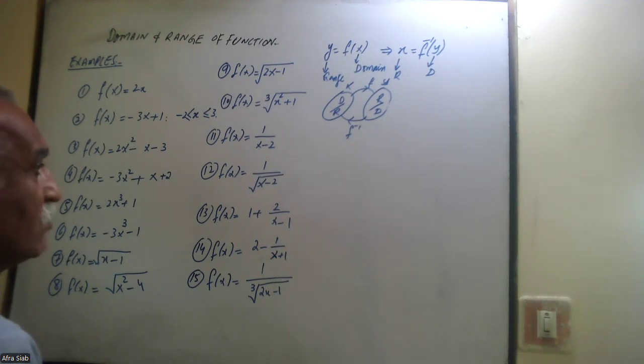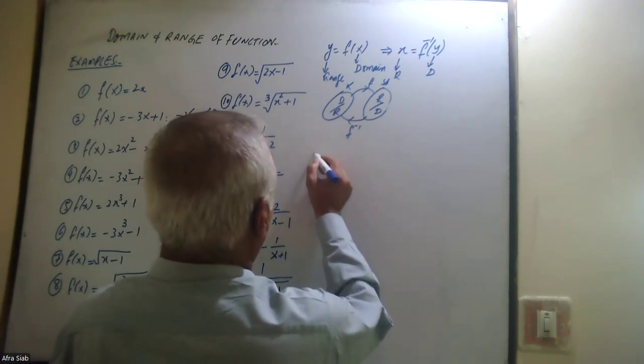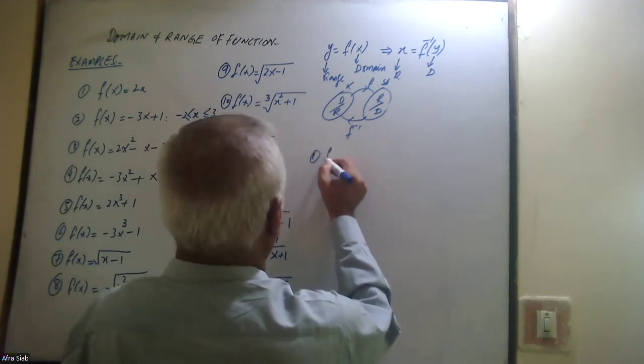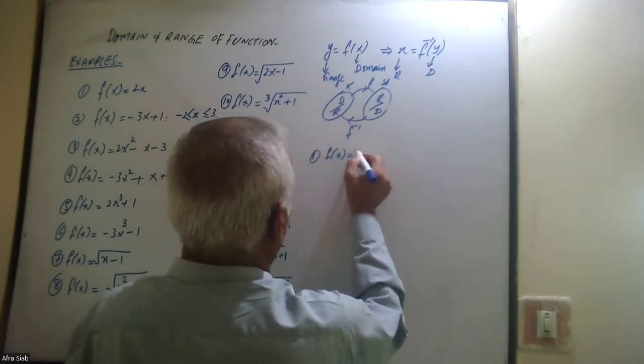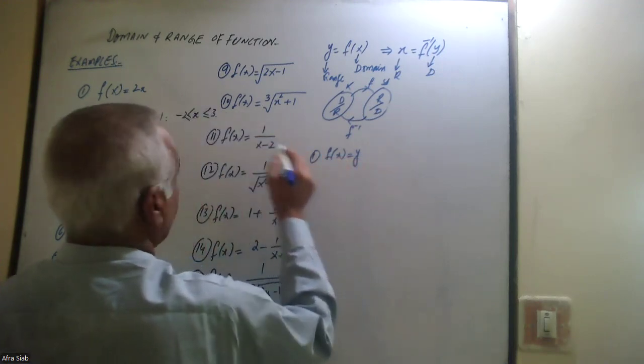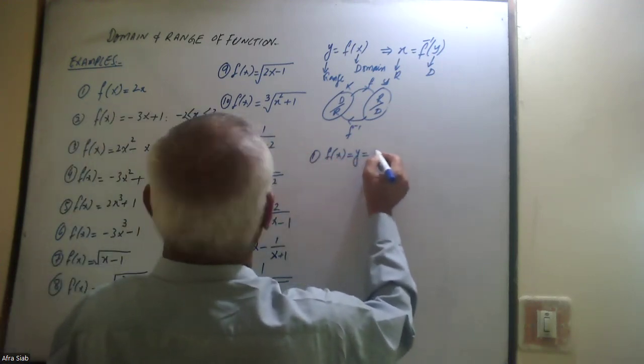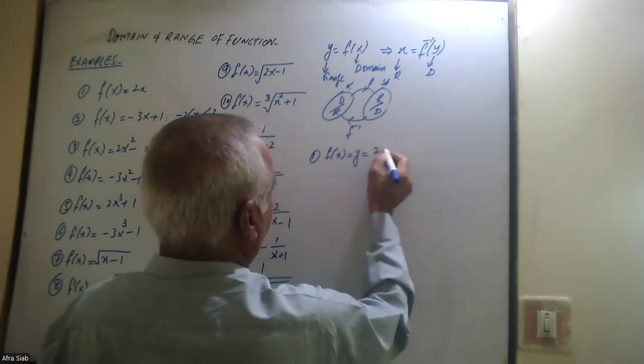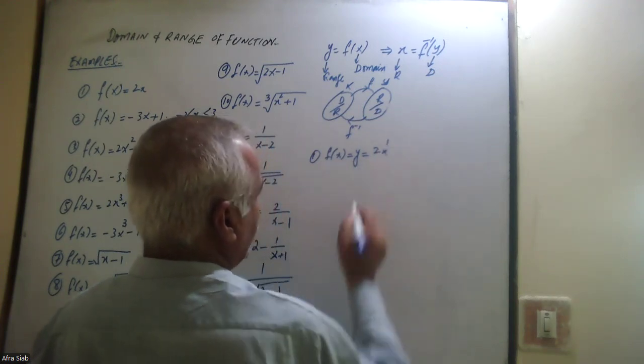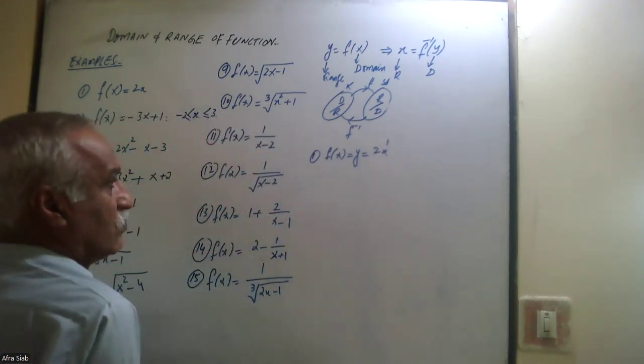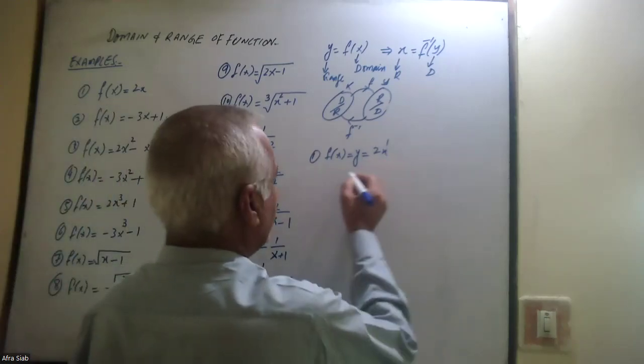Now, first of all, example one: f of x is equal to, let's say, y, and that is equal to 2x. Because its highest power is 1, it is an odd number.